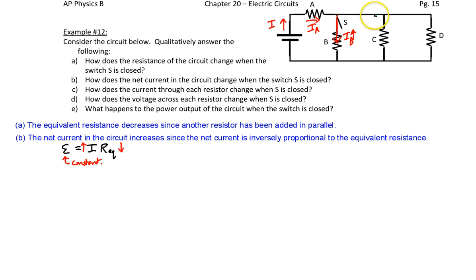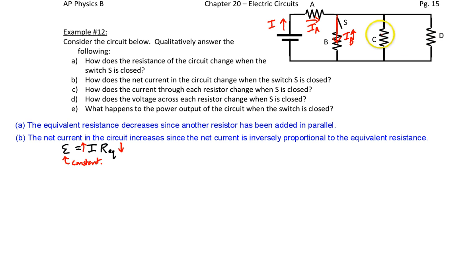Now with C. How do you answer C? A couple ways to look at it. One could argue that initially there were only two paths for the water to flow through, so the total current was only being divided into two pieces. And so when you close the switch and create a third path for this current to flow through, the total current is being divided into a third, a third, and a third.